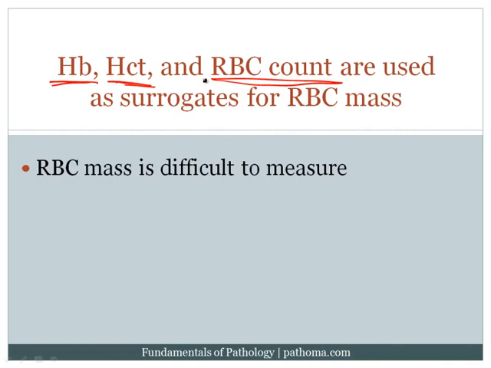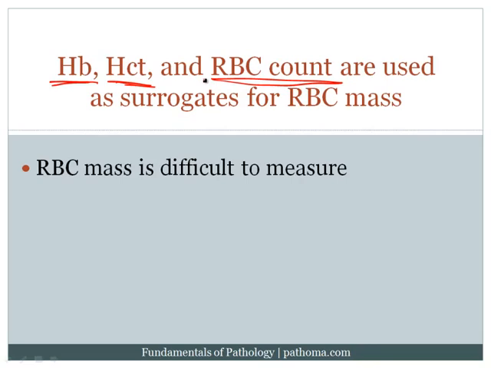Another example, just to again highlight this principle, let's say a patient gets a gunshot wound. If they get a gunshot wound, they're obviously going to bleed out both red blood cells and fluid. And so immediately after the gunshot wound, when there's blood loss, the patient's hemoglobin and hematocrit would be normal. What's going to show you that there was actually blood loss is that when the patient eventually gets fluid back into their system, that's going to dilute down the remaining red blood cells, and then that will result in a decrease in the hemoglobin and hematocrit.